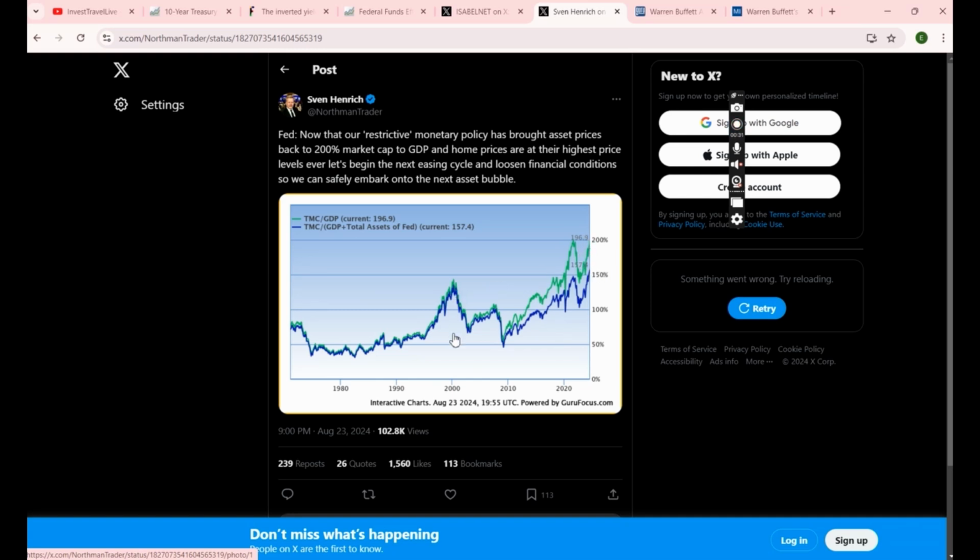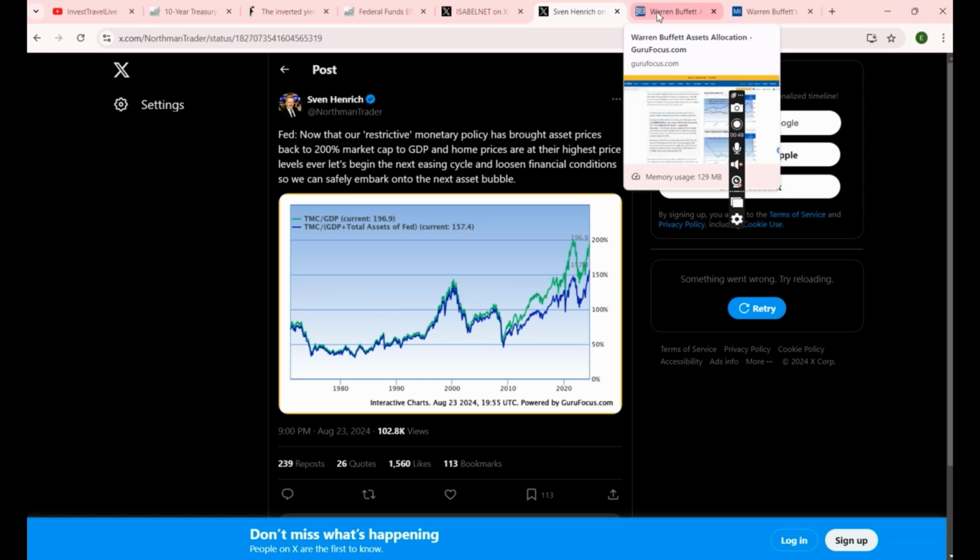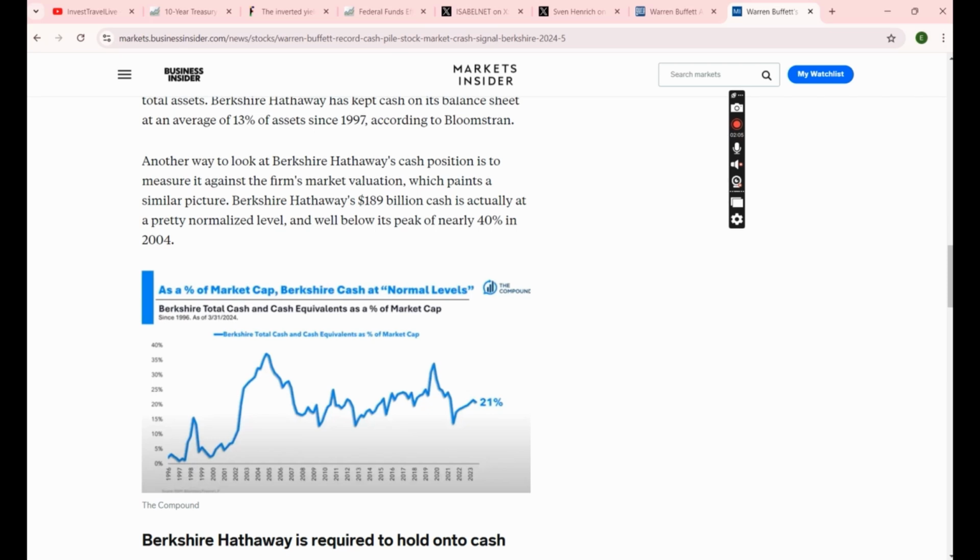In 2000, this was around 150%, and in 2008 it was around 100%. Now this is at the all-time highs again, back at 2020. So again, this is a slight concern with regards to what will happen in the next 6 to 12 months.